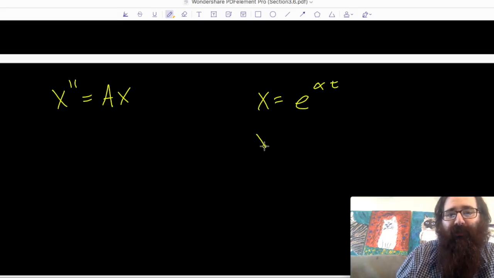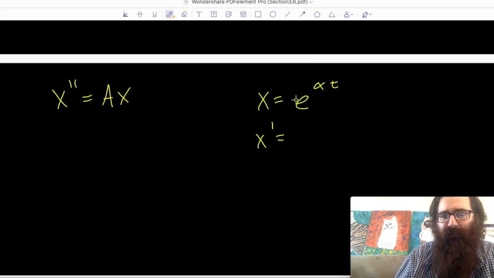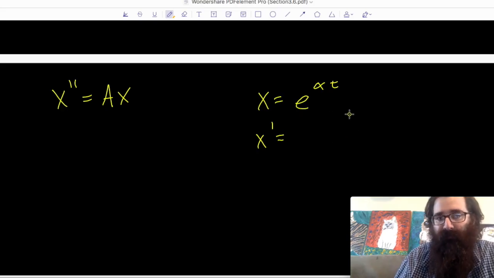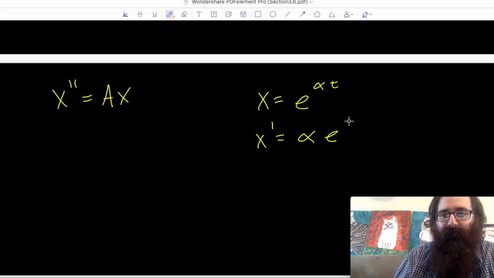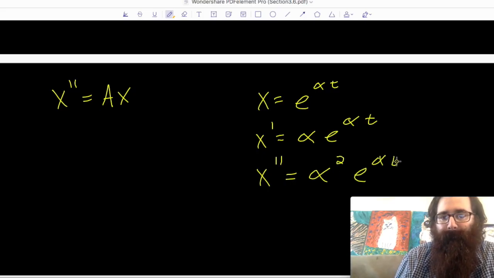If I differentiate this to get x prime, and we are going to want to include eigenvectors with this when all is said and done, but for now let's just think about a generic exponential function. We know we should have eigenvectors and coefficients playing a role in the solution as well. But if I differentiate this with chain rule, I get alpha e to the alpha t. And if I differentiate again, now I'm going to have an alpha squared times e to the alpha t.